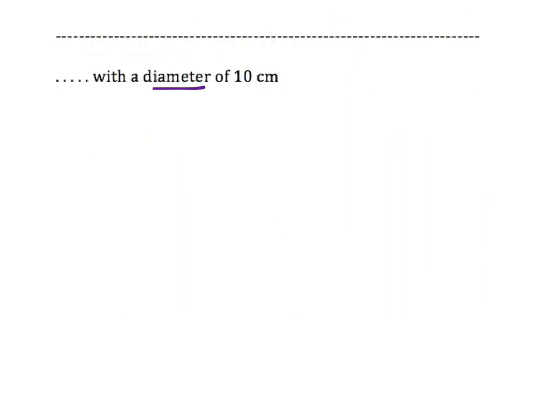All right, last one. Pause, try it on your own first. Hey, that was fast. Okay. We have a diameter of 10. That means we need to work with the radius of 5, right? So here's our formula. Volume equals 4/3 pi r cubed.